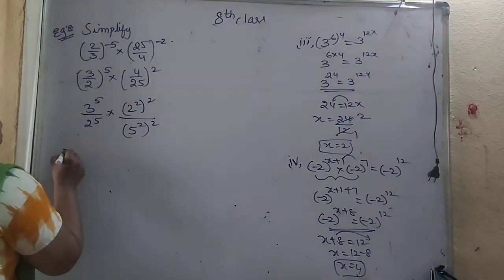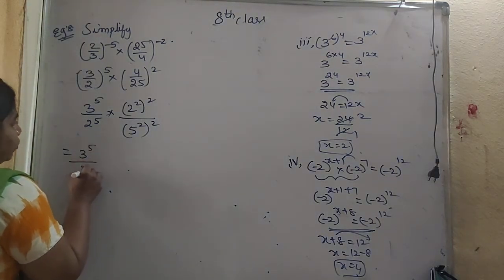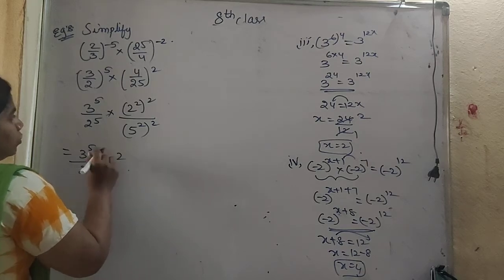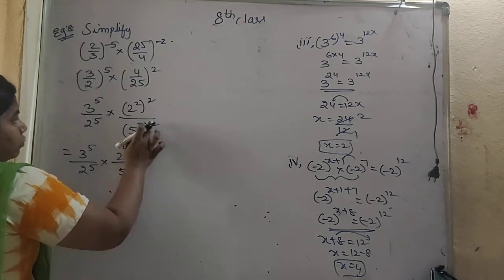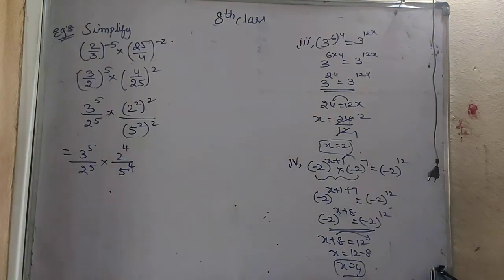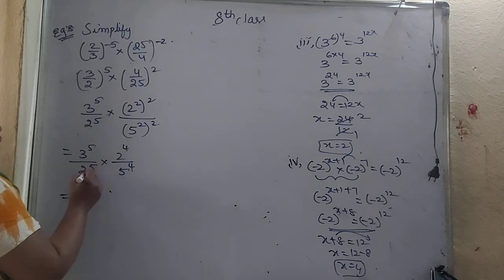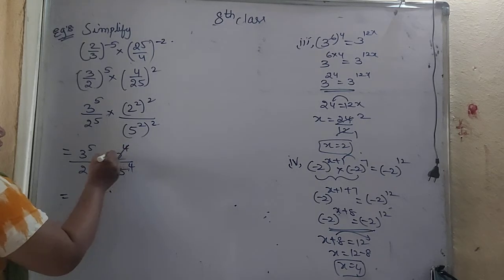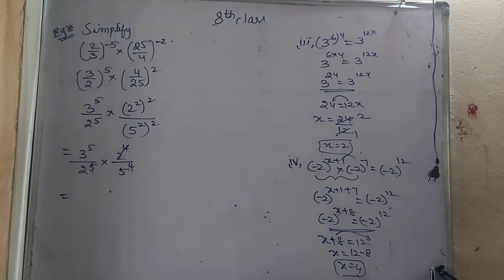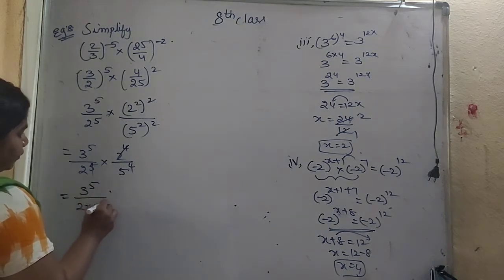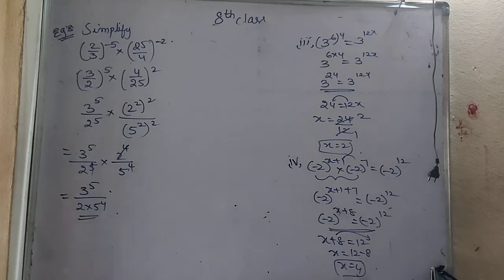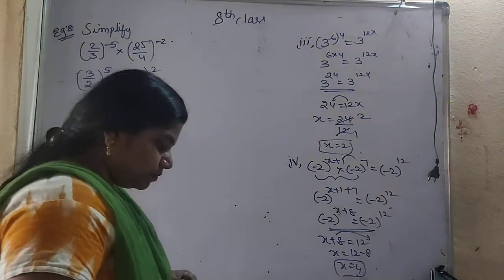So now 3 power 5 by 2 power 5 into 2 power 2 twos is 4 by 5 power 2 twos is 4. So what is the answer now? If from 2 power 5 you cancel 2 power 4, it will be only 2. So the answer is 3 power 5 by 2 into 5 power 4. So this is our 8th solution.